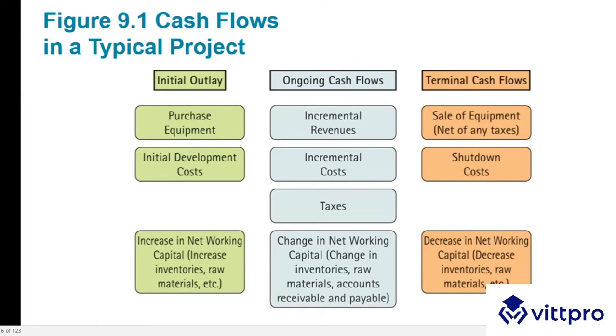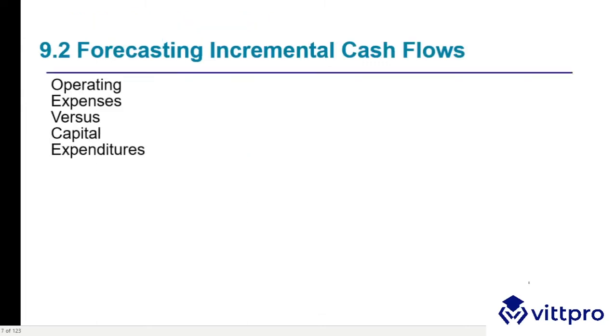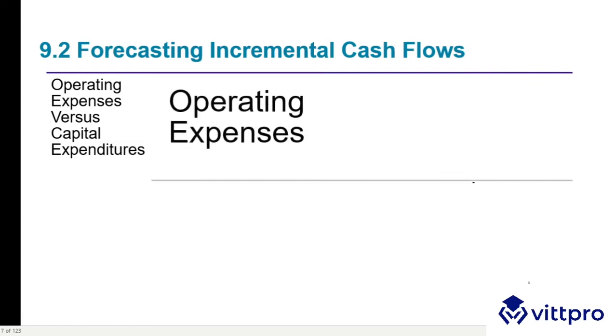So that's the typical outlay. When you are forecasting the incremental cash flow, normally you have to differentiate between what is an operating expense and what is a capital expenditure. Capital expenditure is usually a one-time expense, and operating expense is something which is recurring in nature and not of future use, right?